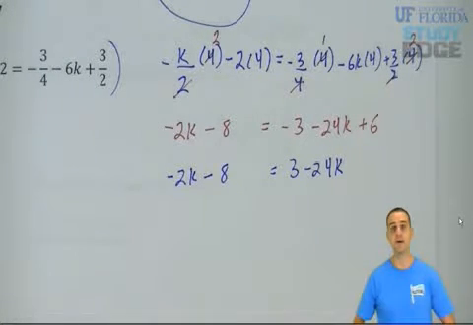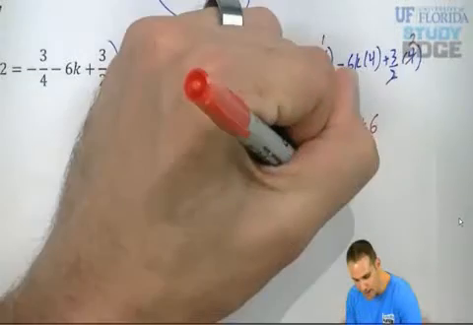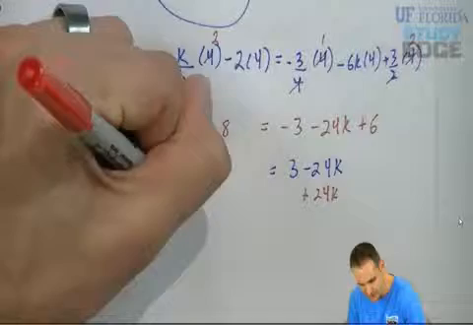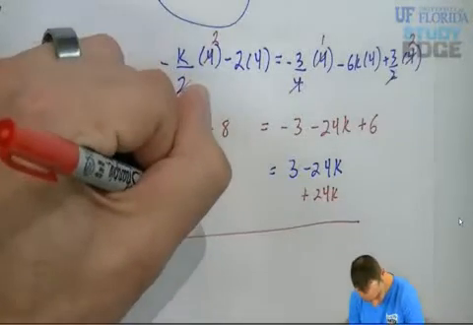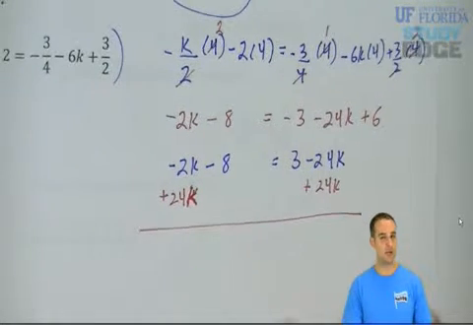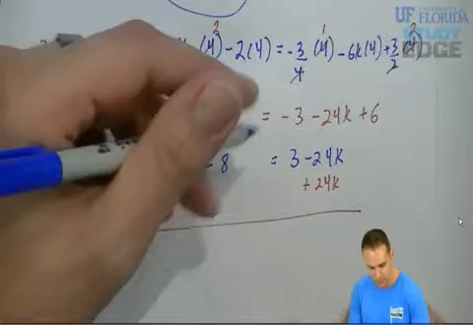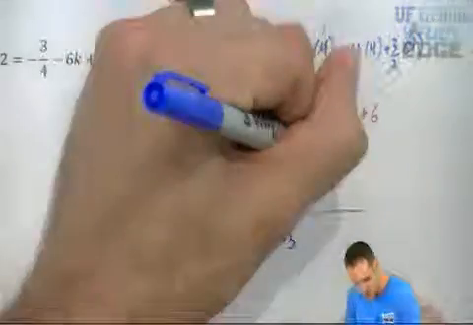From here, I'll move my variables to one side. I have a minus 24k, so I'm going to add 24k to both sides. Negative 2k plus 24k will end up giving you 22k. Minus 8 equals 3.